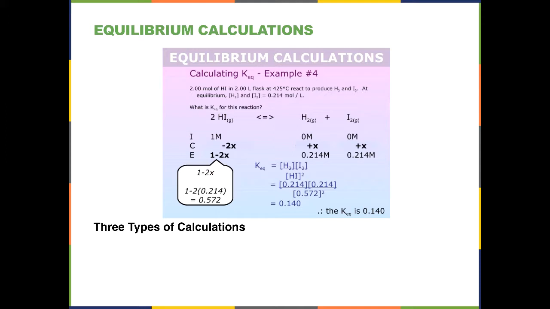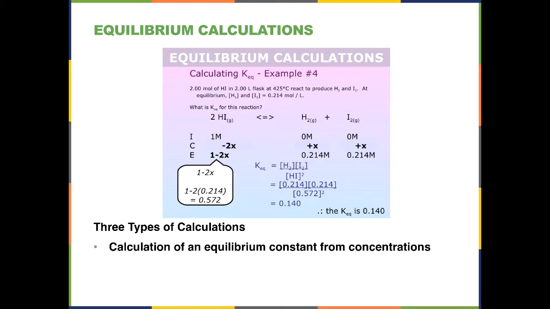The slide shows you how you would go about calculating an equilibrium constant given the numbers in this problem. That's the first type of calculation: you have certain concentrations and you calculate an equilibrium constant.